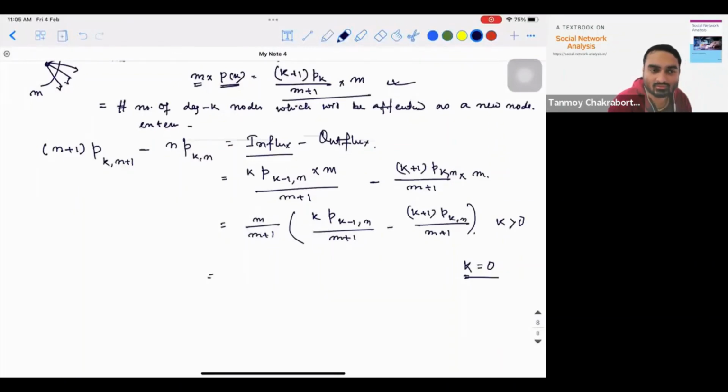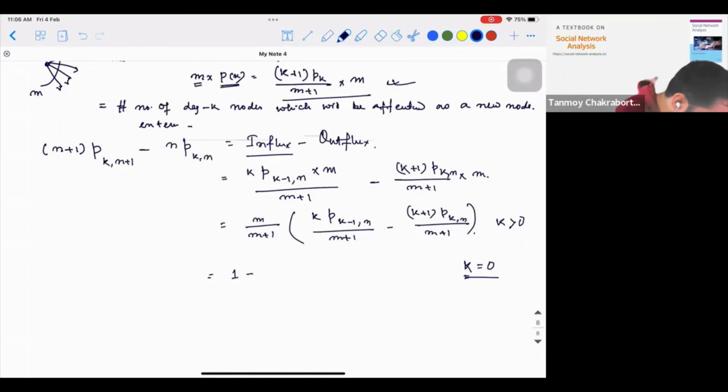How many nodes are there with in degree equal to 0 when a particular node comes in? Only one, because the node which is entering has in degree 0. Out degree is m, but in degree is 0. So this would be 1. And out degree we do not know; we need to calculate it.